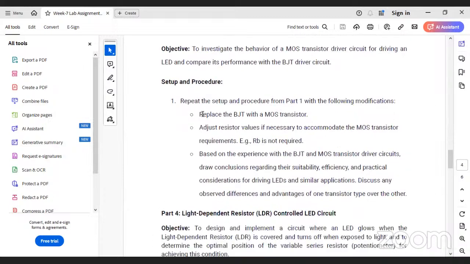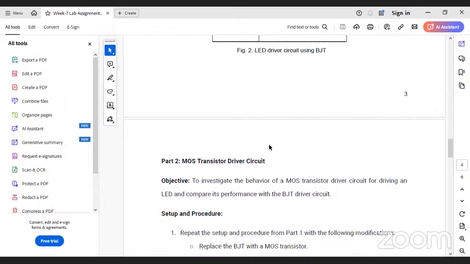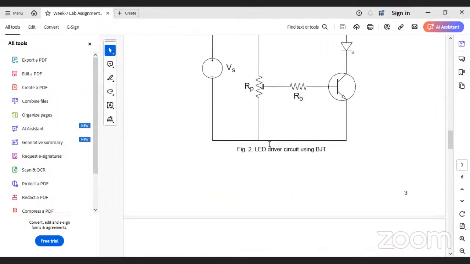Here, replace the BJT with a MOS transistor. Now adjust the resistor values as necessary to accommodate the MOS transistor requirements. RB may not be required. You have to address this point and explain why RB is not required when you are using a MOS transistor.